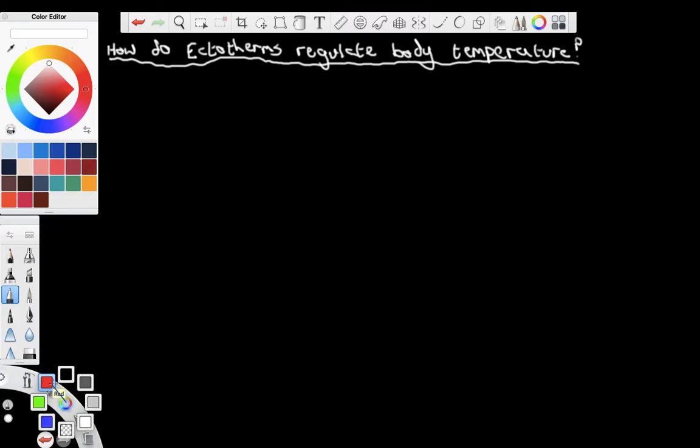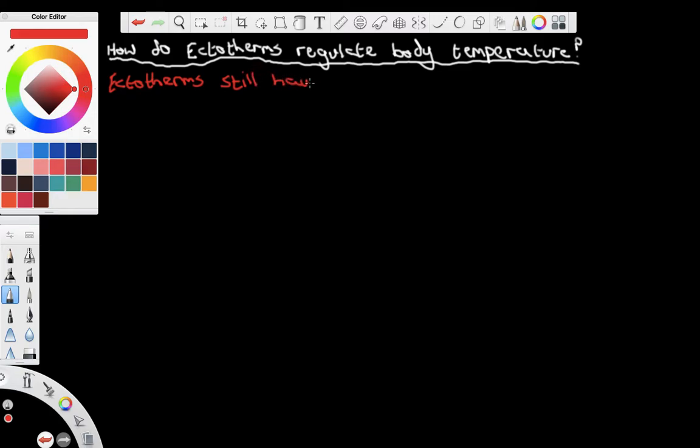So it's important to keep in mind that ectotherms still have a metabolism which consists of many enzyme-controlled reactions.